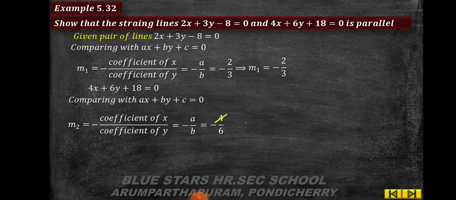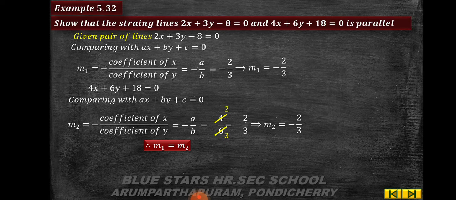So you have to simplify 4 and 6. You get 2 times 2 and 2 times 3. Therefore, m2 is equal to minus 2 by 3. Therefore, m1 is equal to m2.